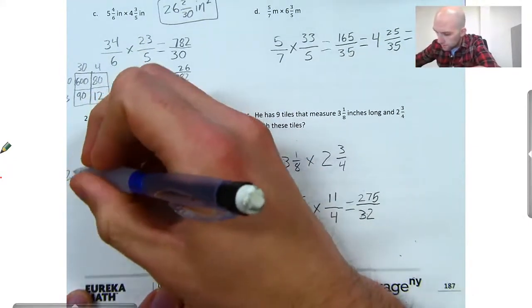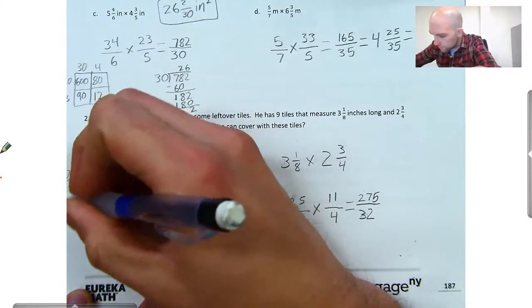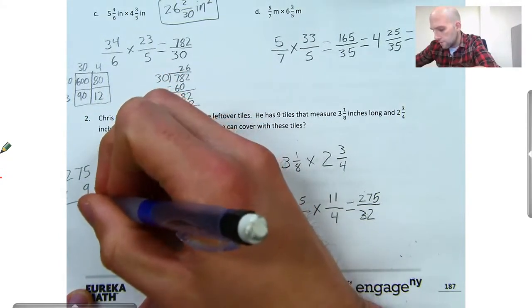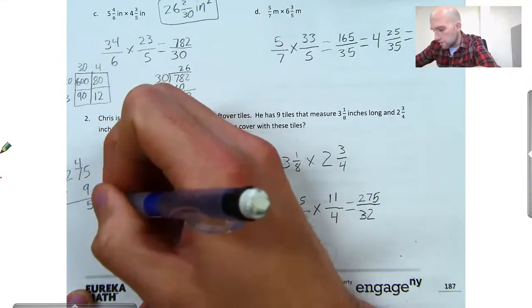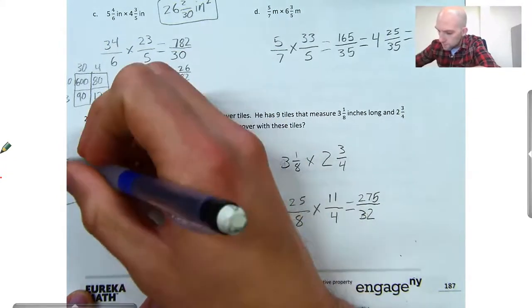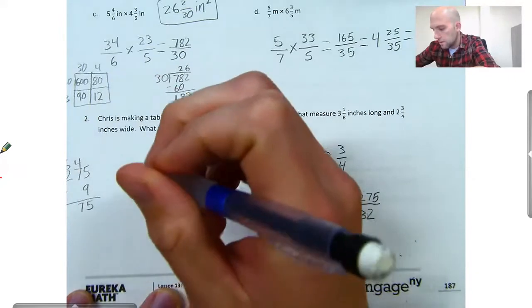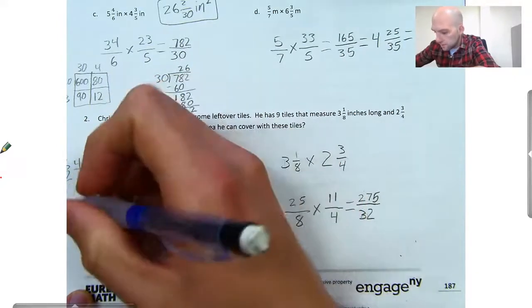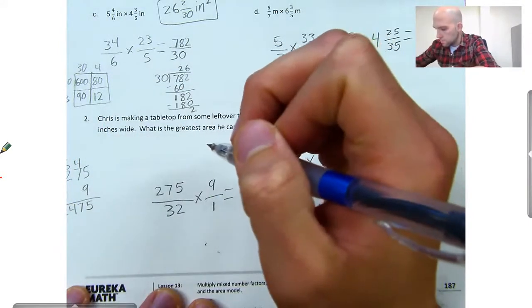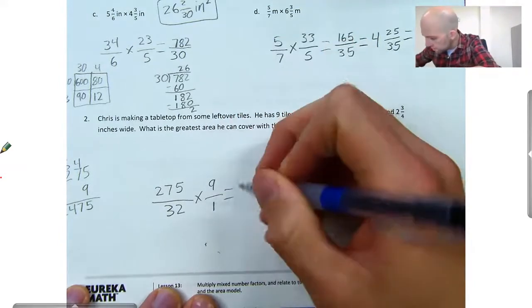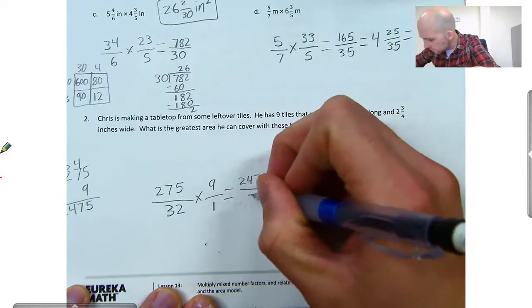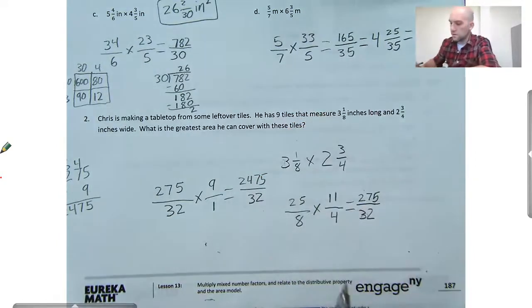I'll do 275 times 9. 5 times 9 is 45. 7 times 9 is 63. Plus 4 is 67. 2 times 9 is 18. Plus 6 is 24. 2475 over 32. Now let's turn this into a mixed number.